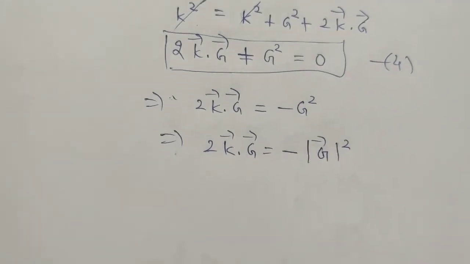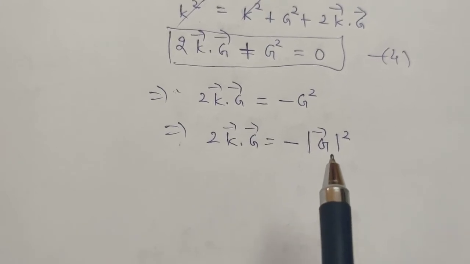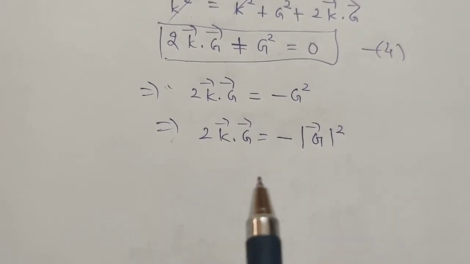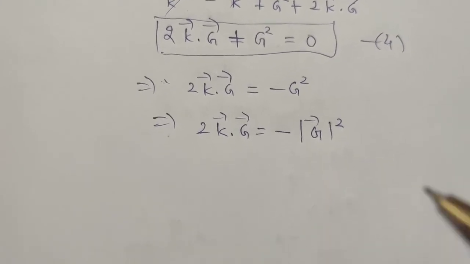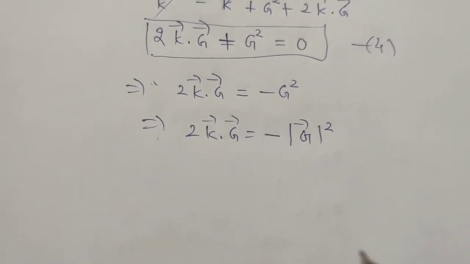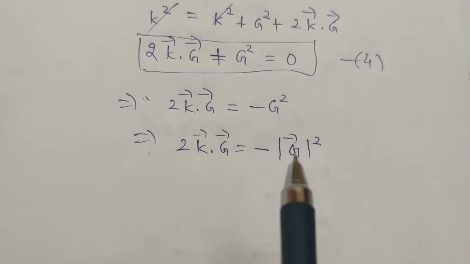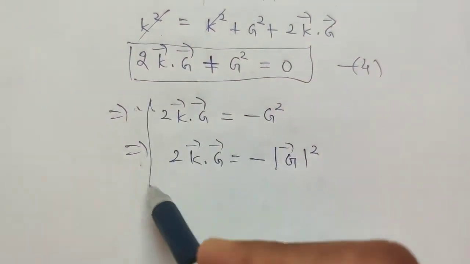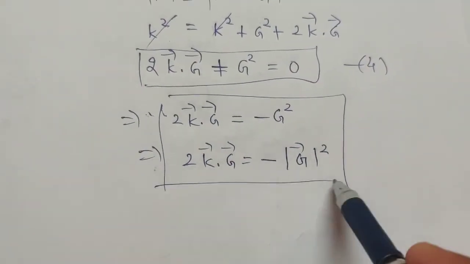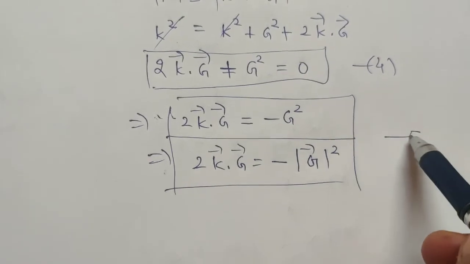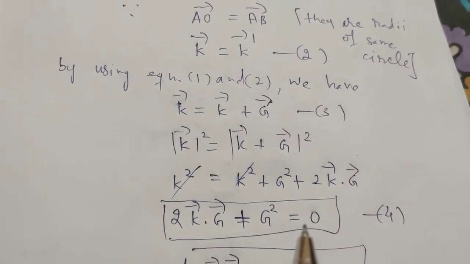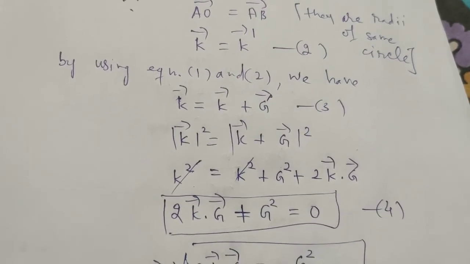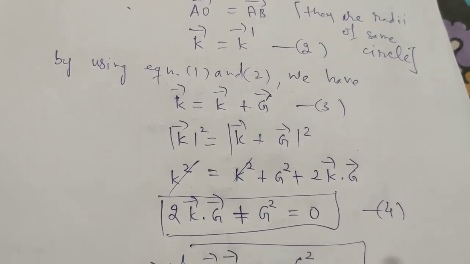Since G is a translation vector in the reciprocal lattice, G can also be negative. So G or minus G, they are both translation vectors in the reciprocal lattice. This can also be written like this, equation number 5. This is the vector form of Bragg's law in reciprocal lattice, and this is very important.